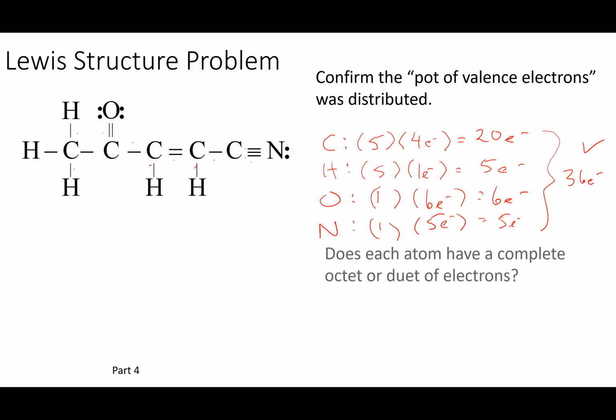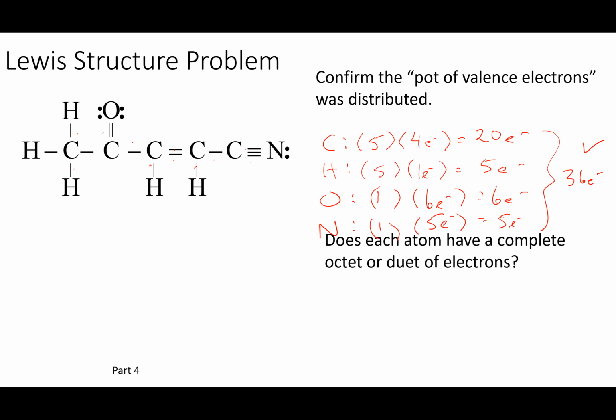I'll say the answer to this next question is yes, because all these Lewis structures were drawn correctly. But again, on your test, that may not be the case. If you were to find any atom other than hydrogen and draw a circle around it, you would see that it either has full possession or joint possession of 8 electrons. Oxygen, 8 electrons. This carbon, 8 electrons. That carbon, 8 electrons.